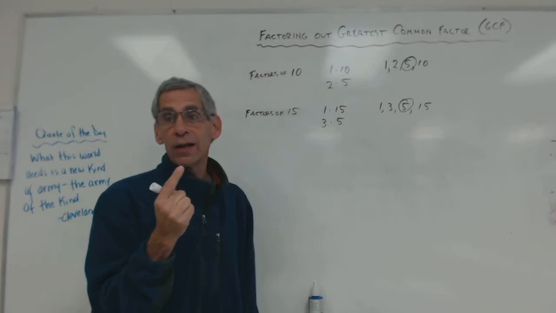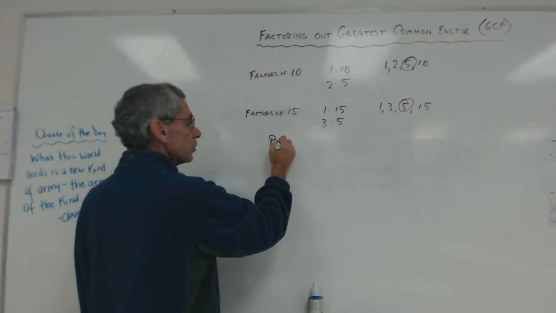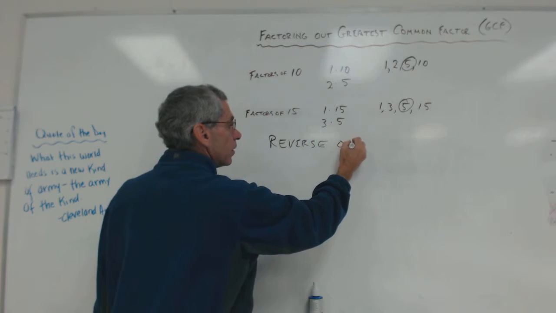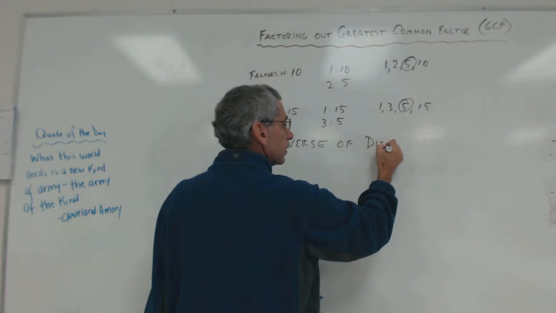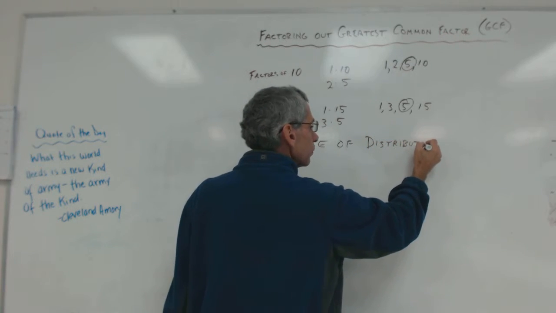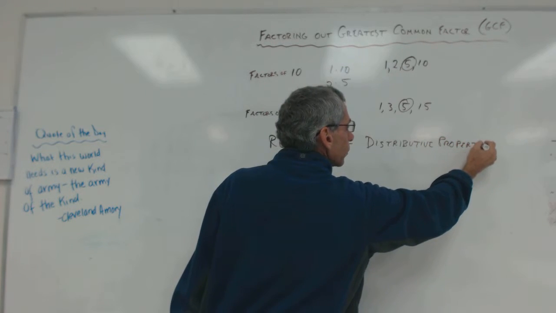Factoring out the greatest common factor is the reverse of the distributive property. We're just going to go backwards.